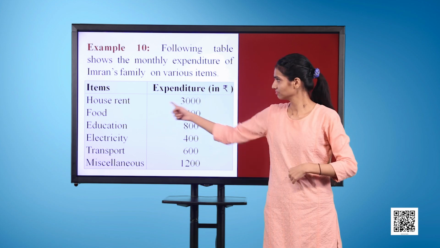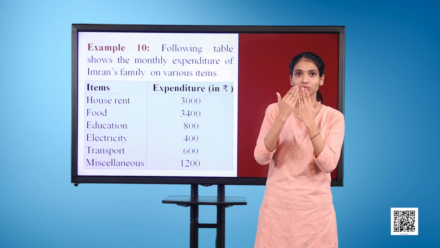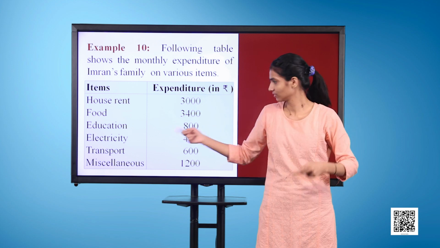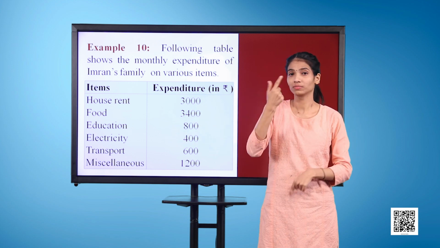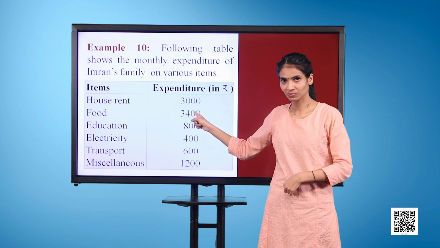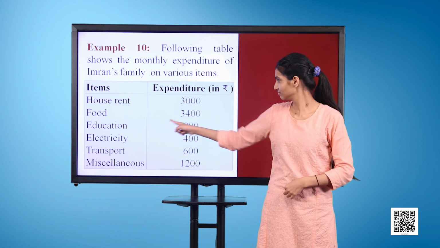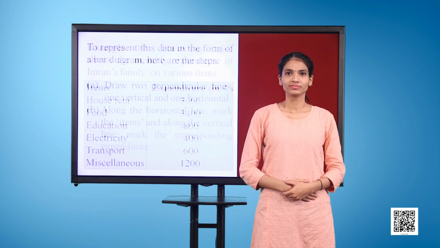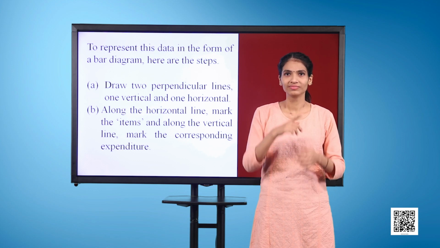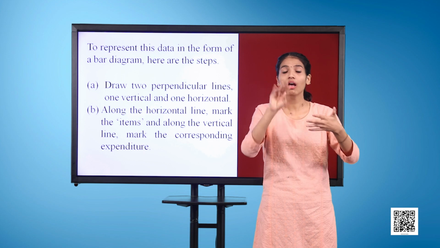Items: expenditure in rupees, house rent 3,000, food 3,400, education 800, electricity 400, transport 600, miscellaneous 1,200. To represent this data in the form of a bar diagram, here are the steps.